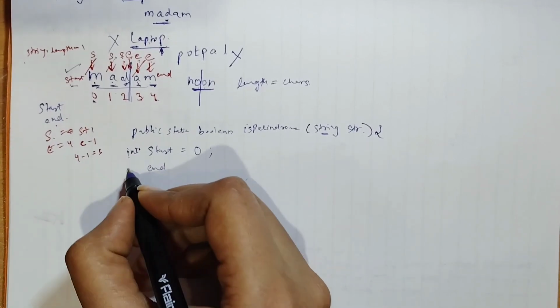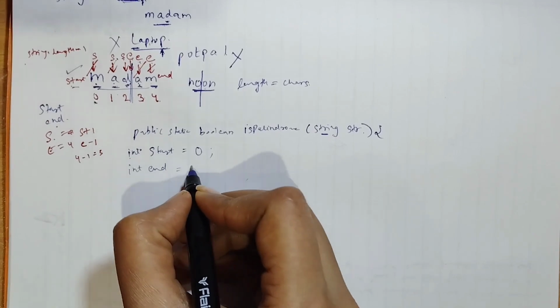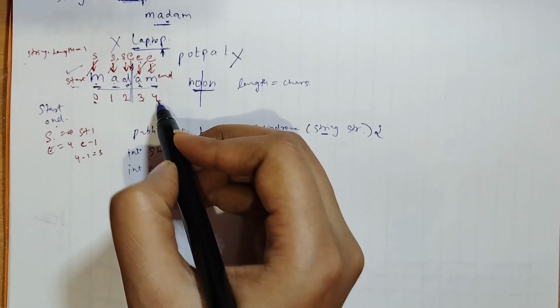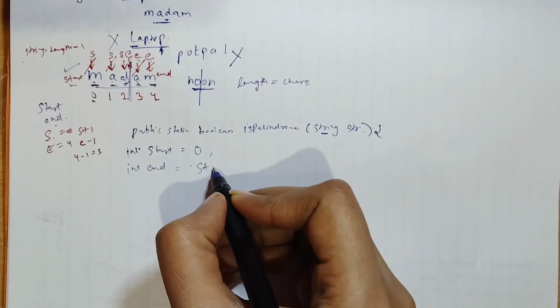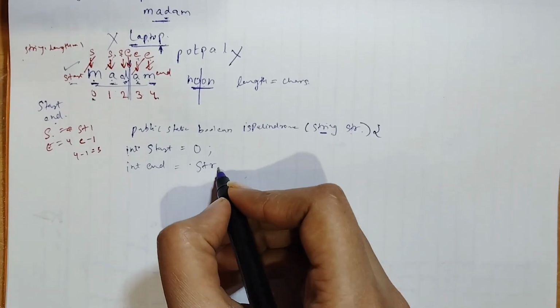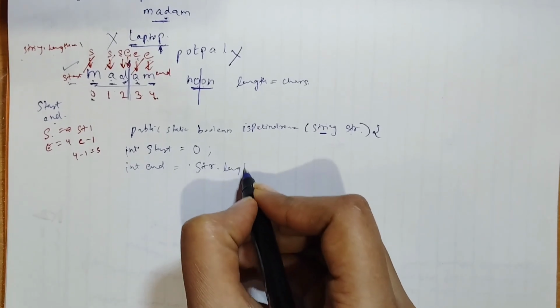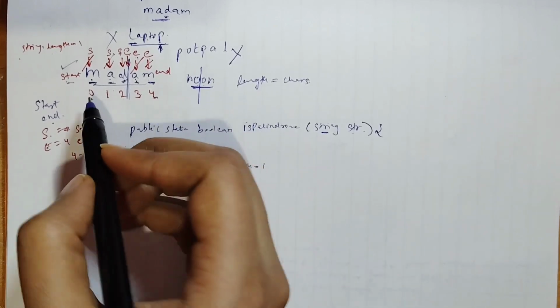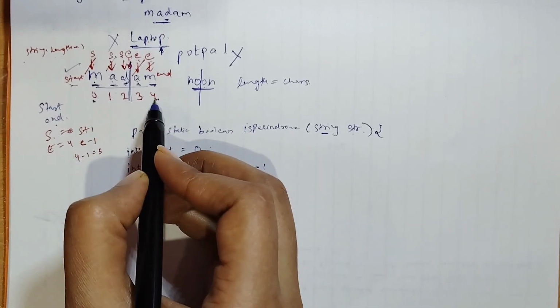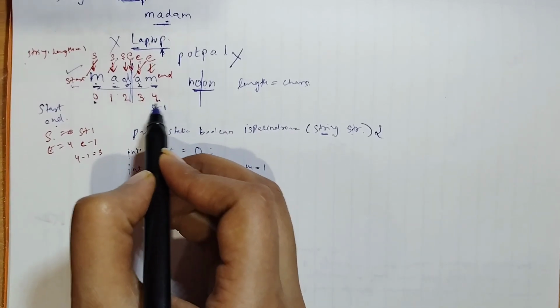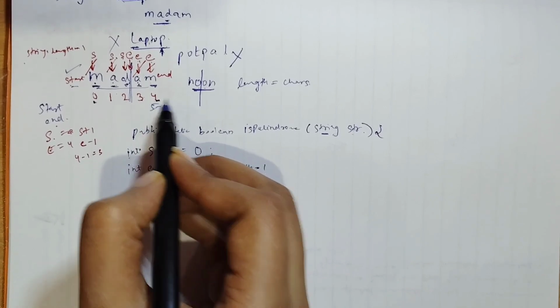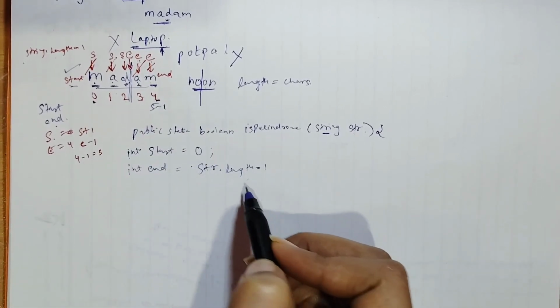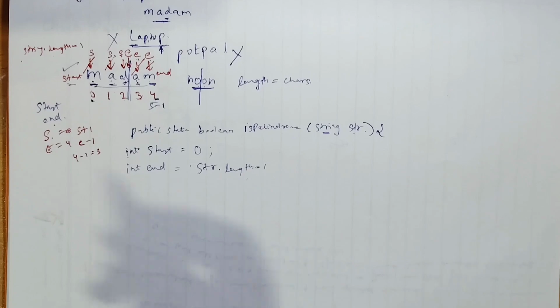Next is end, also int type, and it will be at the end point of the string. We are giving the name str, so I have written str.length minus 1, meaning the end index. Minus 1 is written because index numbers start from 0, so if the length is 5, then 5 minus 1, so our end is 4.